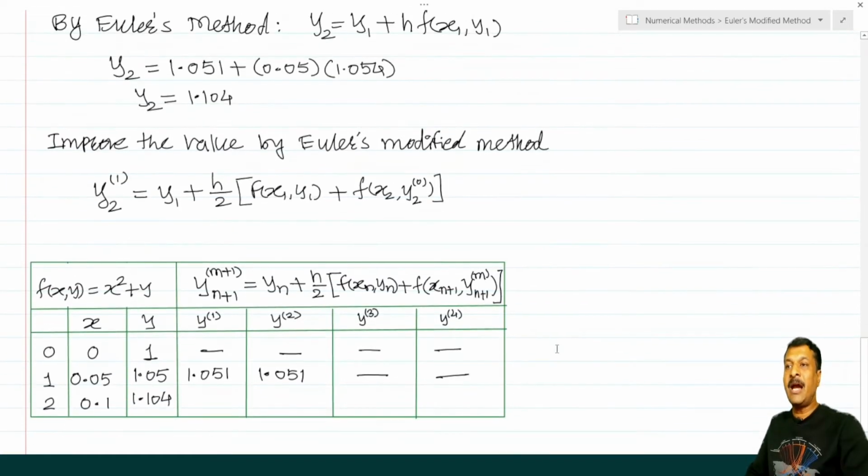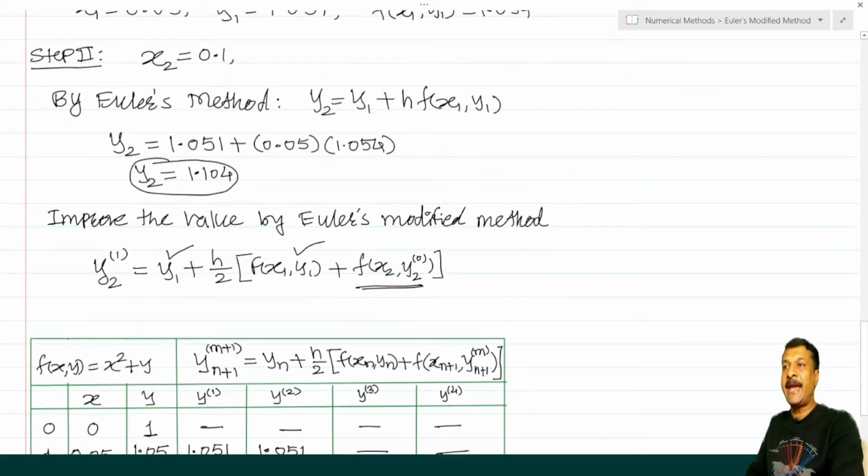So we have f of x1 y1, we have y1. I want to find this f of x2 y2 with a new y2 value, also with a new x2 value.